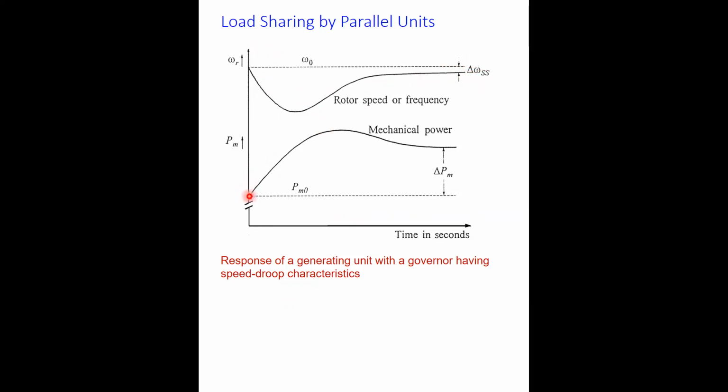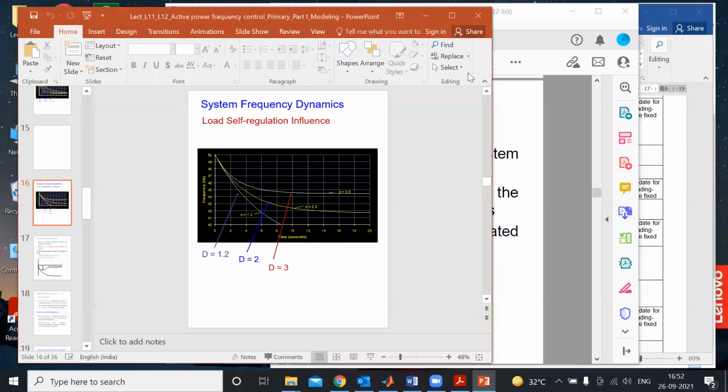You have a corresponding increase in the turbine power, and this is the increased amount of power. But still, when you have two generators operating in parallel and they are of different rating, you have a steady state frequency deviation here. So maybe I will stop here now.